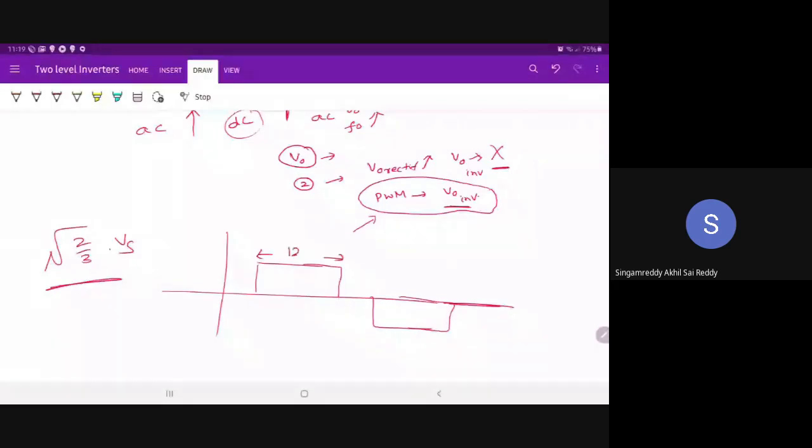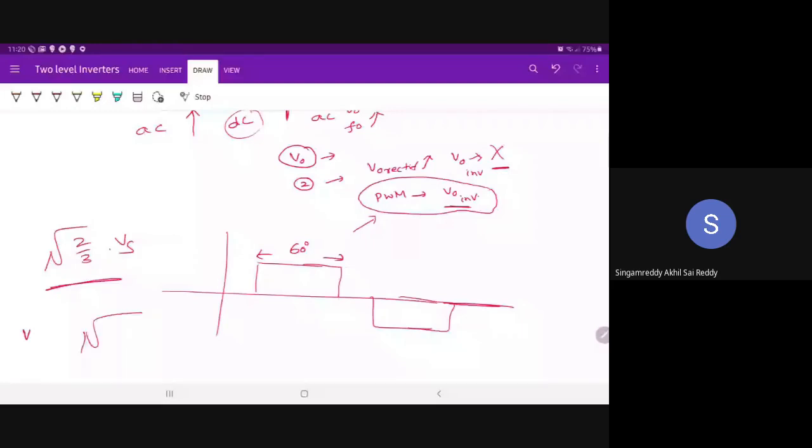Suppose you reduce the width of this pulse, for example to 60 degrees. What should be the value of the output voltage?